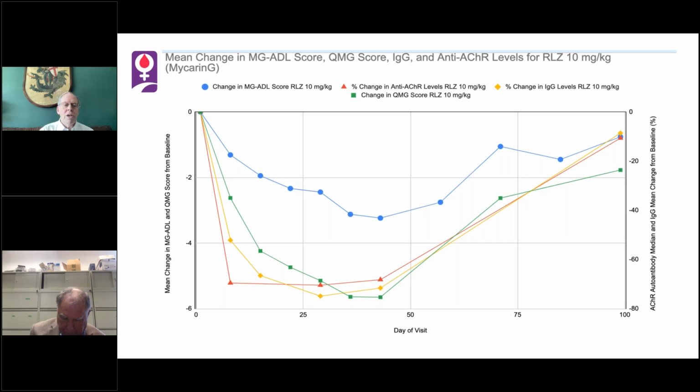The red and the yellow, the specific IgG to the acetylcholinesterase receptor and the overall level of IgG, are almost in parallel. And the two scales are not quite as much in parallel, but both go down, showing less disease activity as the antibodies go down and come back up as the antibody levels increase.